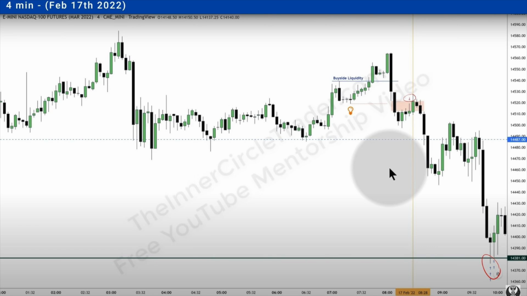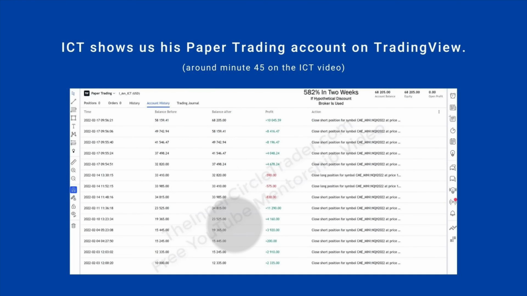And that's a beautiful example of the power of 3, the bearish power of 3 on the Nasdaq E-mini futures. And after that, ICT shows us his paper trading account on TradingView. I advise you to recheck it out if you feel like. It happens around minute 45 of episode 10 of the ICT Mentorship 2022.